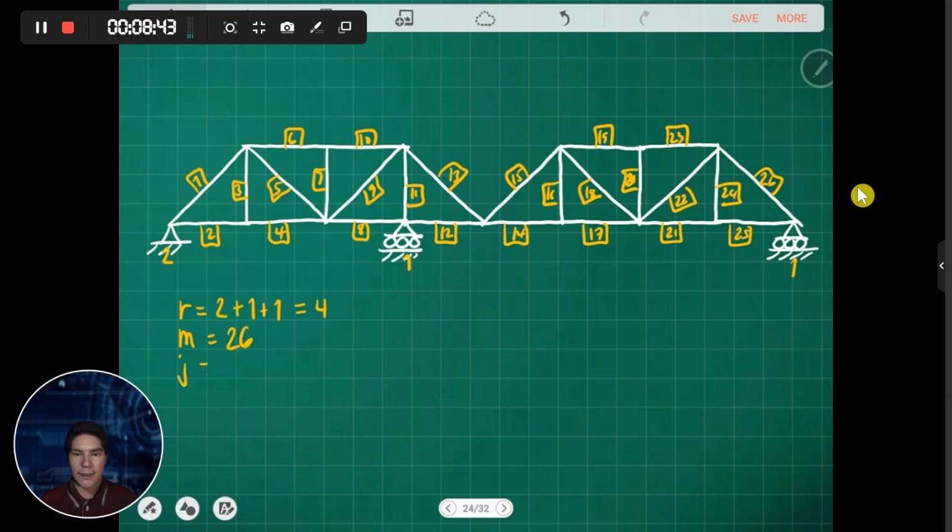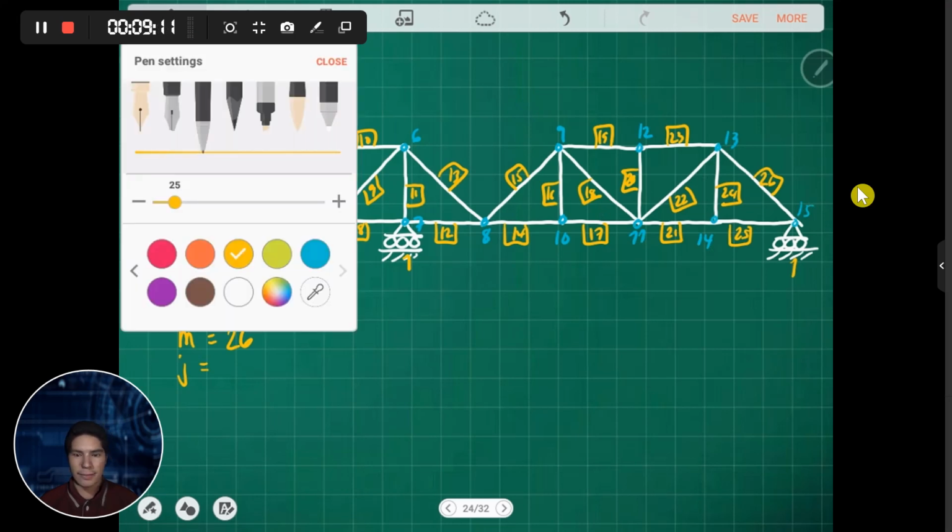Number of joints, so we have 1, 2, 3, 4, 5, 6, 7, 8, 9, 10, 11, 12, 13, 14, 15. So we have 15 joints.